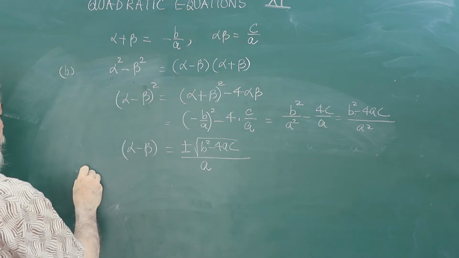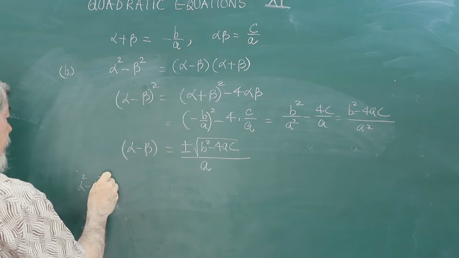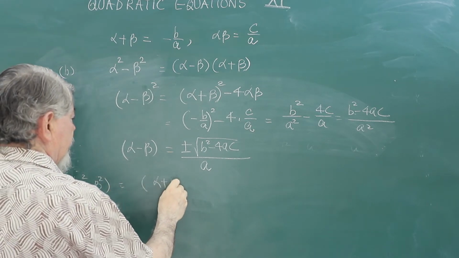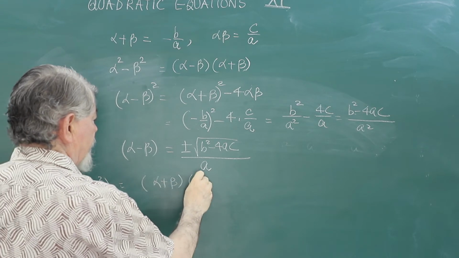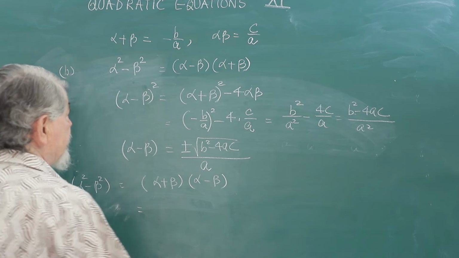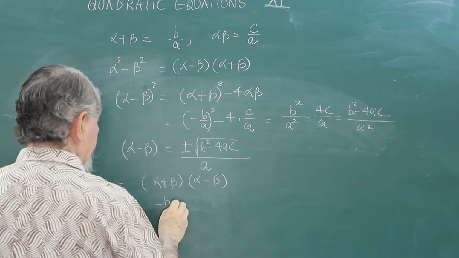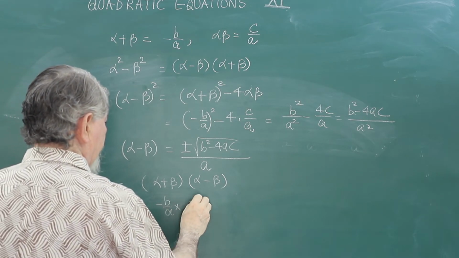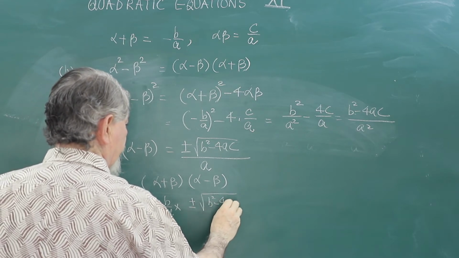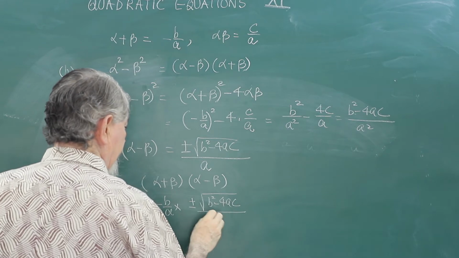So alpha square minus beta square will be equal to alpha plus beta into alpha minus beta. What is the value of alpha plus beta? Minus b upon a, multiplied by plus minus under root b square minus 4ac upon a.